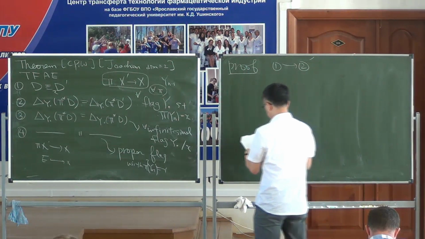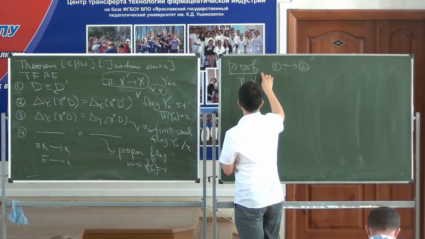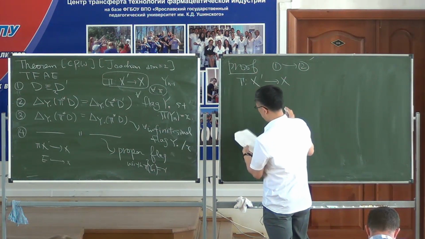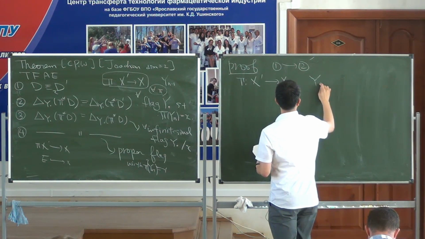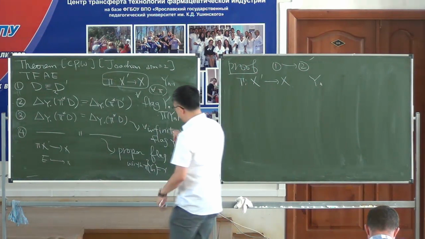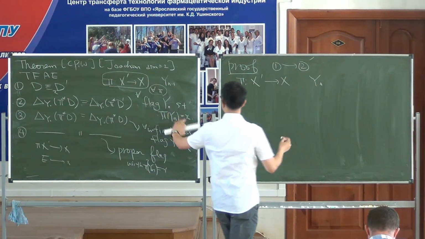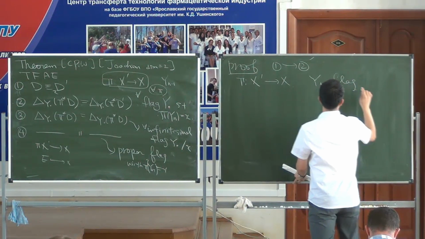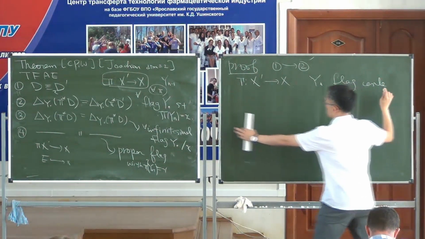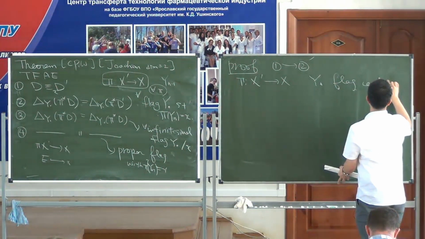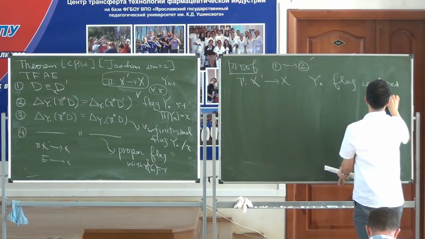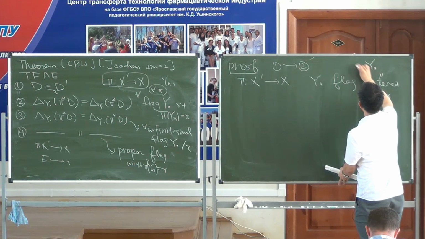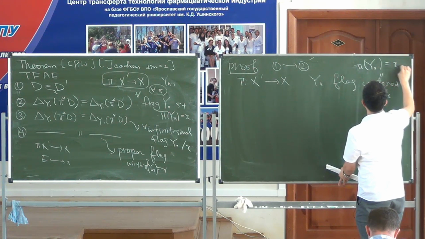Okay. So pi is a birational morphism, and Y is a flag of this type. We say the flag is centered at x, which means pi of Y_n is x.